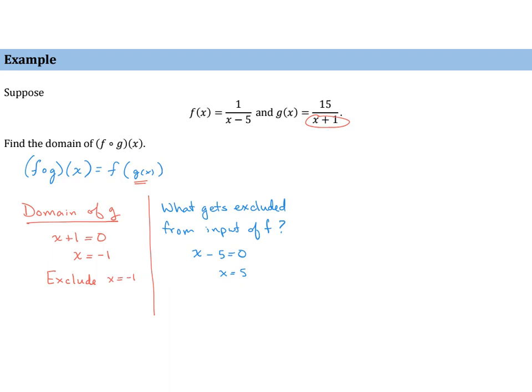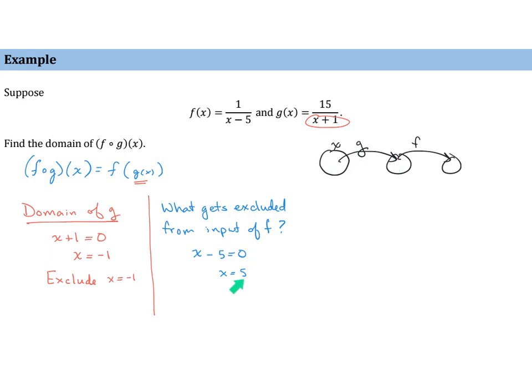So if we go back to that picture, we have our x values, and then g is going to act, and then f is going to act. We've already said what we can't put into g. Now we're focusing on what we can't put into f. What we can't put into f is the output of g.